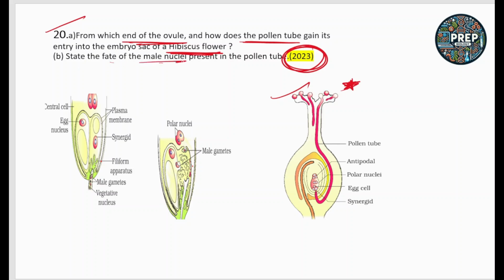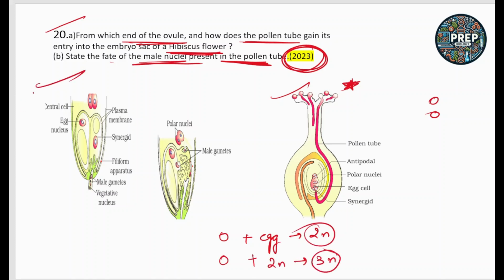State the fate of the male nuclei present in the pollen tube. The pollen tube contains 2 male gametes. One male gamete fertilizes the egg and forms the zygote, which is diploid, and one fertilizes the polar nuclei, forming the endosperm, which is triploid. So double fertilization is the answer.